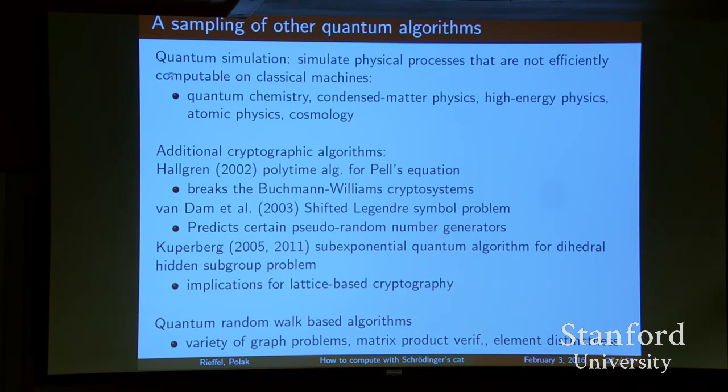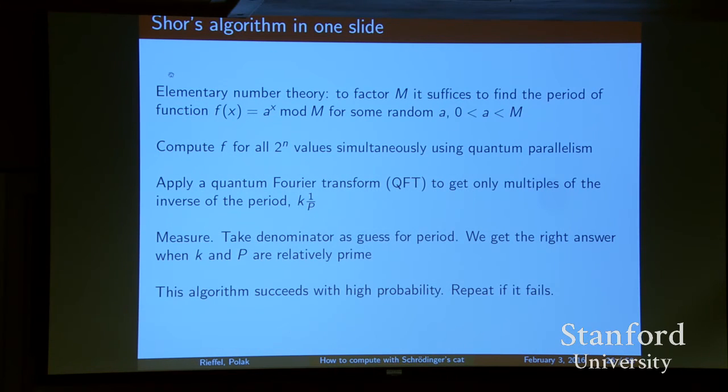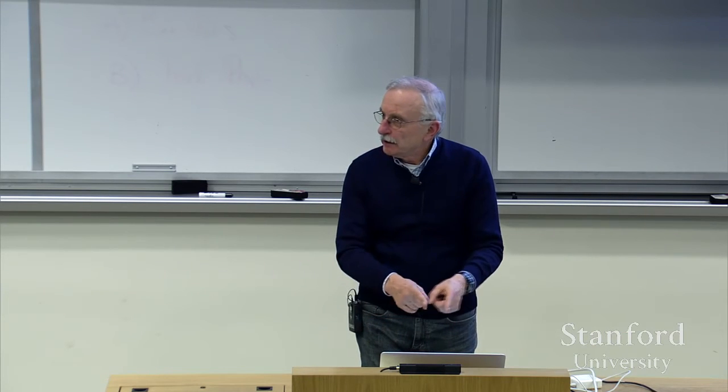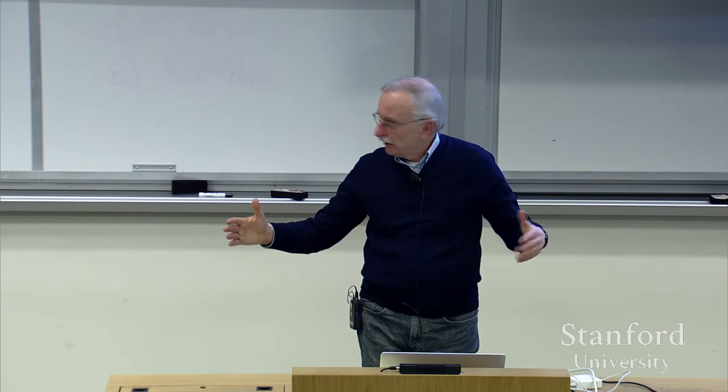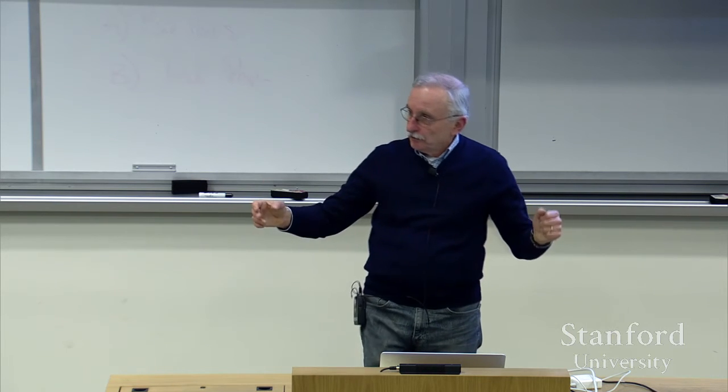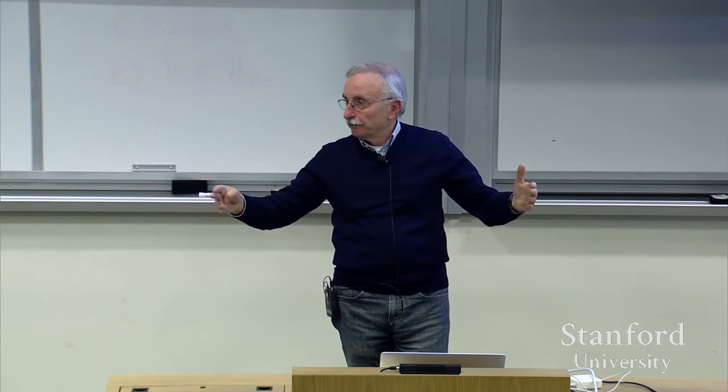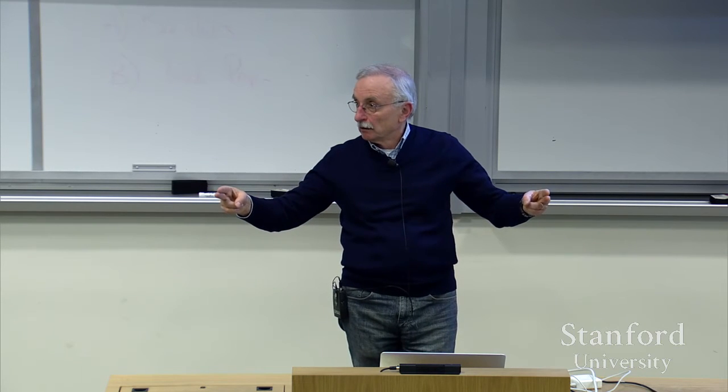Excuse me. Does the probability at all depend on the size of the prime? Of the number? Hang on. The size of what? Of n. M is the thing we want to factor. M is the number. It is the probability of success. And we need enough bits to cover 2M or something, right? So we need a register large enough to cover 2M.